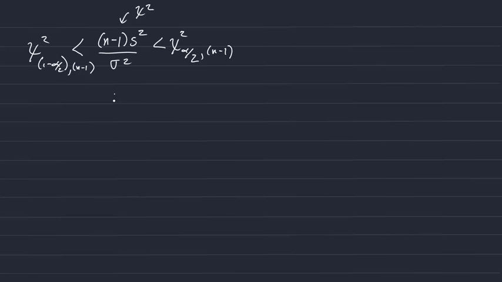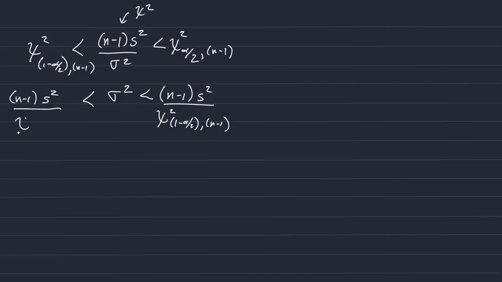Solving for sigma squared, the bound is going to be less than n minus 1 times s squared divided by chi-squared sub 1 minus alpha over 2, and it's going to be greater than n minus 1 times the variance over chi-squared alpha over 2 with n minus 1 degrees of freedom.